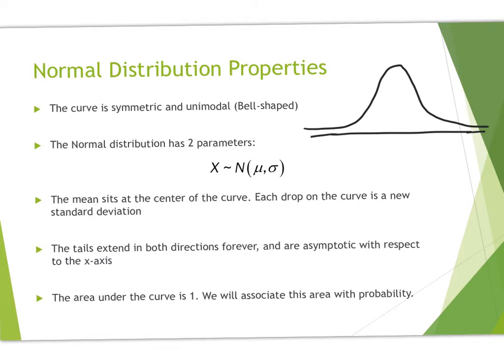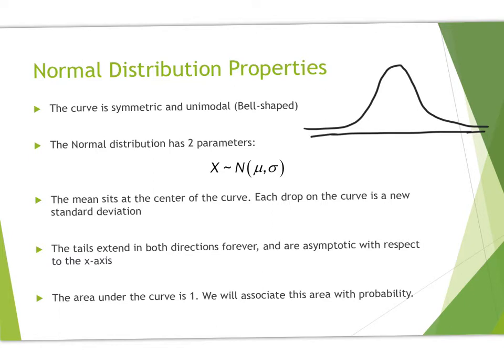And what this essentially says is that a lot of the values are occurring in this peak area. And as you move away from the peak to the left, the values start to get fewer and fewer. And as you move away from the peak to the right, the values also start to get fewer and fewer. So as you can see in this distribution, very extreme values, being way out here or way out here, are occurring with the fewest amounts.